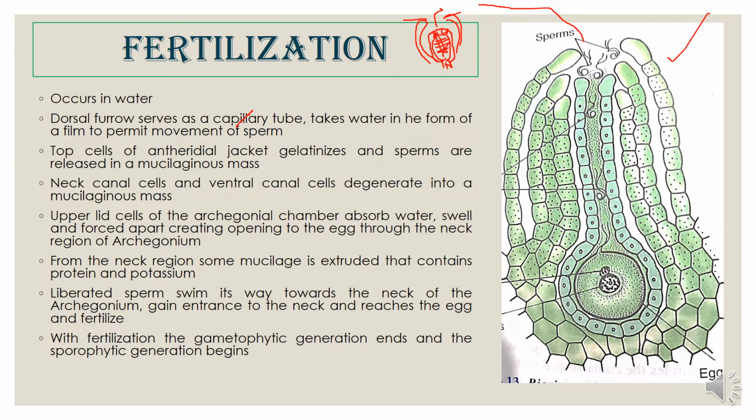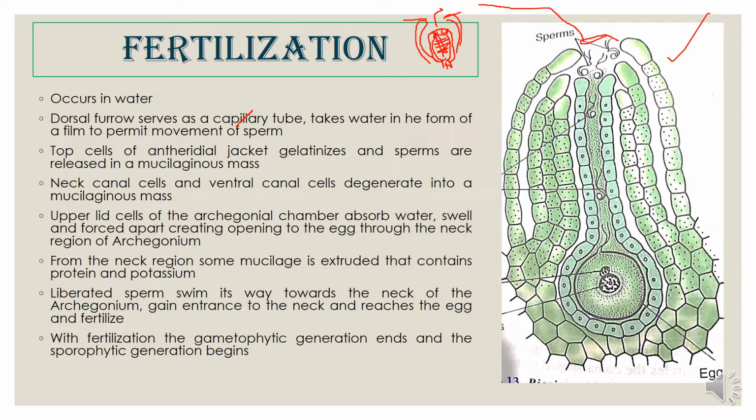And that mucilage oozes out in the ostiole region. This mucilage contains certain proteins and potassium ions that are chemoattractant for the sperms. So the sperms swim in the water that is present on the dorsal surface of the thallus, and they are attracted by this female reproductive organ.